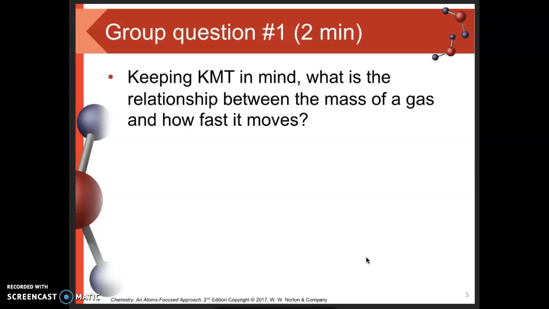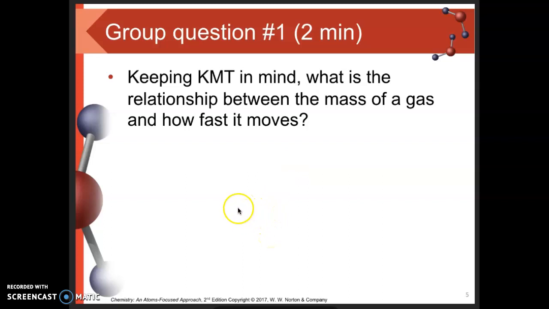Keeping in mind the ideas of the kinetic molecular theory, what is the relationship between the mass of a gas and how fast that gas moves? Take a second, pause this video, and try to sketch out a couple of ideas for what this relationship could be.